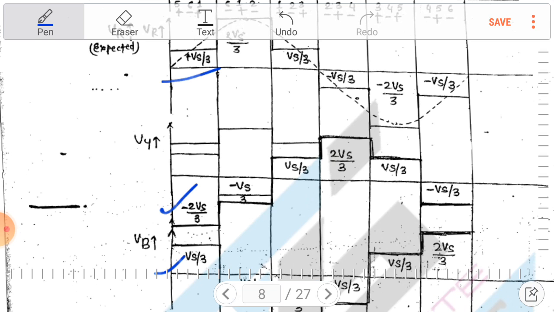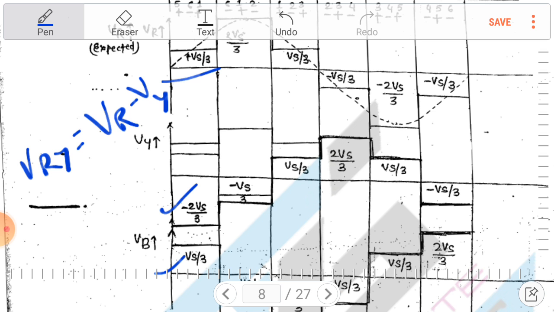From phase voltage, we can get line voltage VRY. We have to find the voltage VRY equal to VR minus Vy. The value of VR is plus Vs by 3, and the value of Vy is minus 2 Vs by 3.